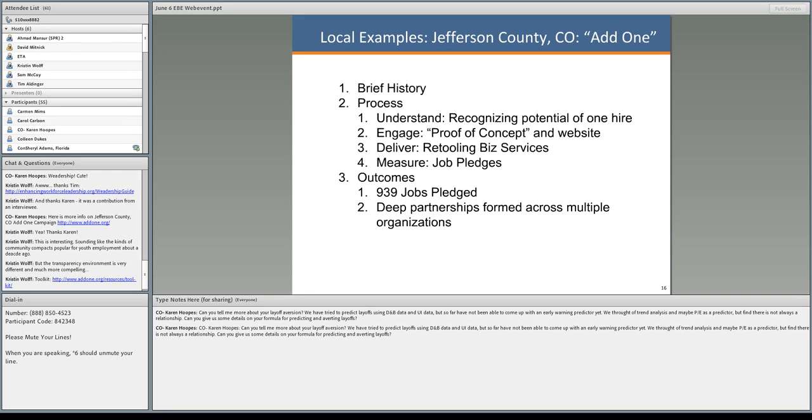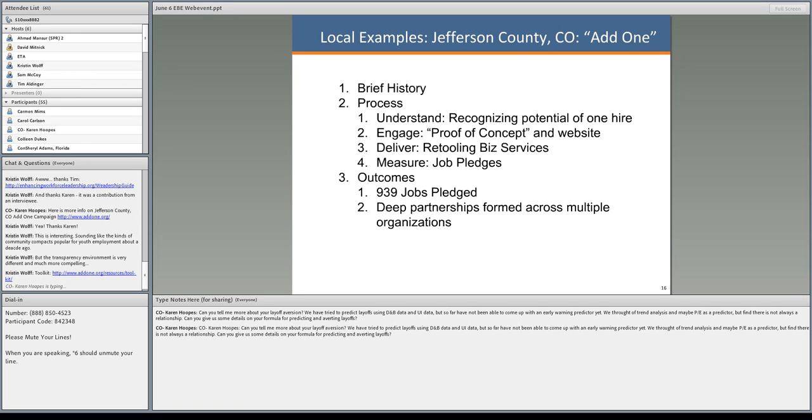Then they help the business determine what that number is, and then they can quickly turn around and say, do you know about our on-the-job training? Do you know about our incumbent worker training? And that helps to offset.